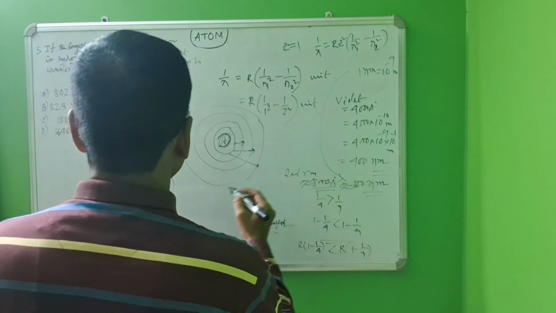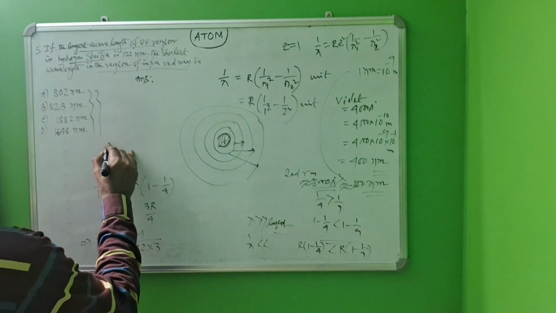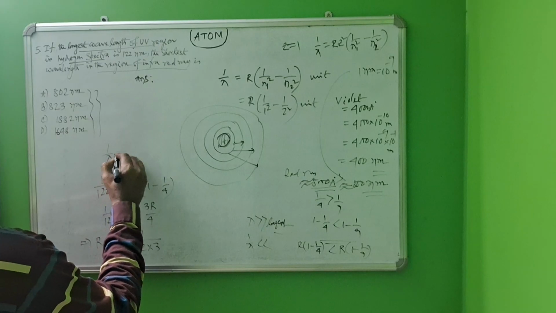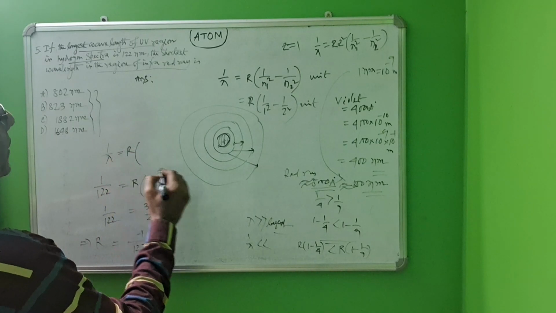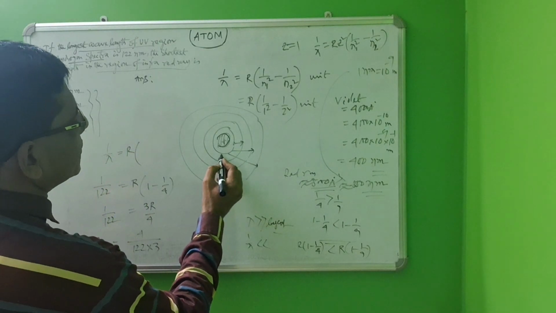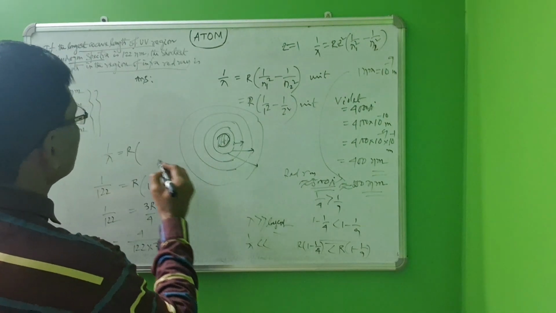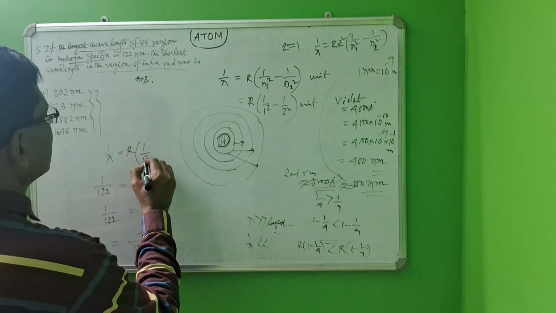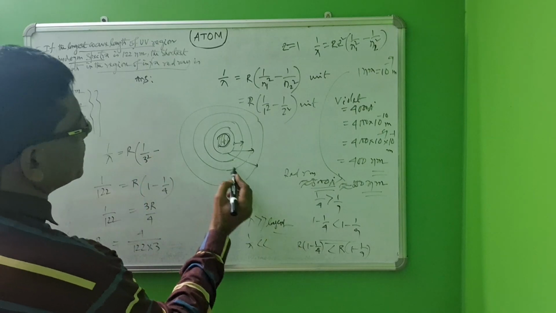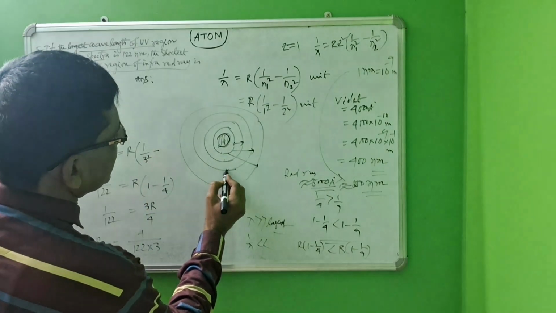So here we obtain for infrared 1 by lambda equals R times 1 by 3 squared minus 1 by n squared. This is the Lyman series, this is the Balmer series, this is the Paschen series.